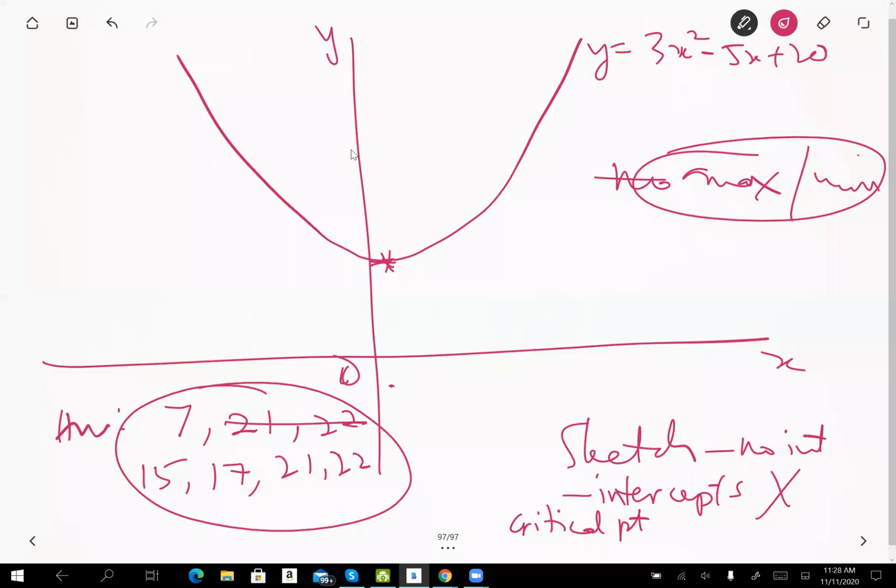Next week, I will discuss the second derivative, and then we will come back to chapter 10 and do this test again using the second derivative.